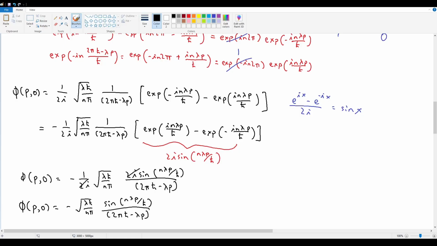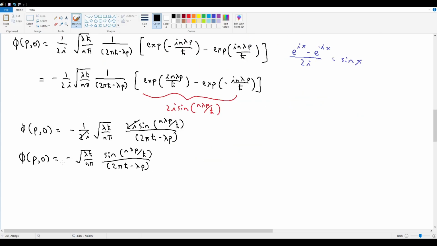Okay, now if we want to take the magnitude squared, that's just a matter of taking this. There's no imaginary terms here, so we just take the square, right? Magnitude phi squared is therefore equal to lambda h bar over n pi times sine squared n lambda p over h bar, divided by 2 pi h bar minus lambda p, squared.